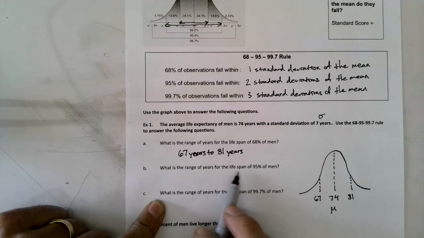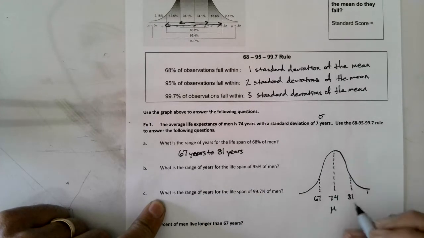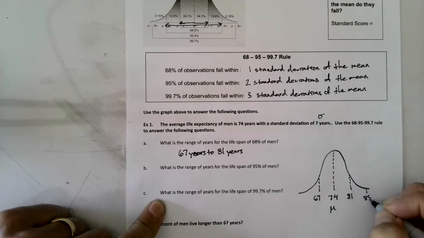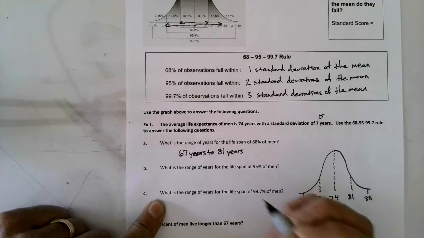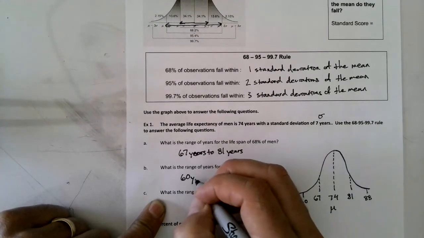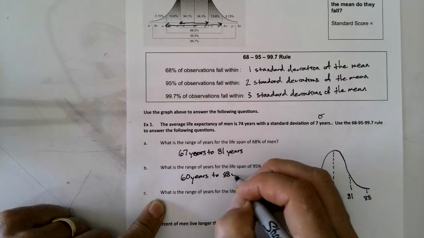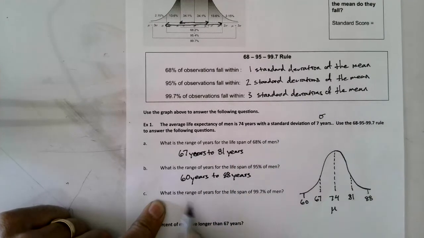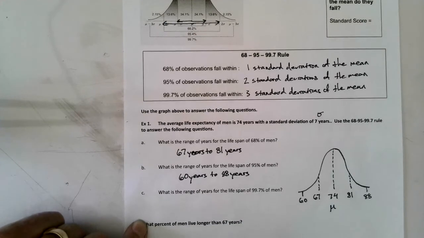What is the range of years of lifespan for 95%? Well, I move two spots away. So I add another 7, I get to 88. And I subtract 7, and I get to 60. So just about all men, 60 years to 88 years. So all men live to be somewhere between the age of 60 to 88. And finally, what is the range of years of lifespan for 99.7%?